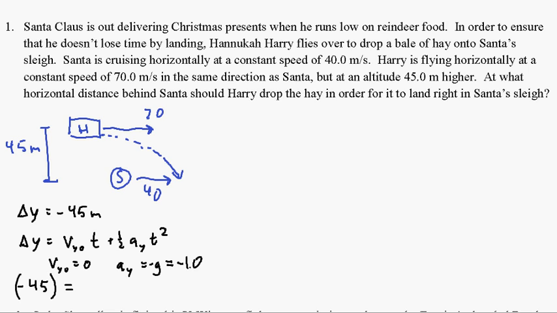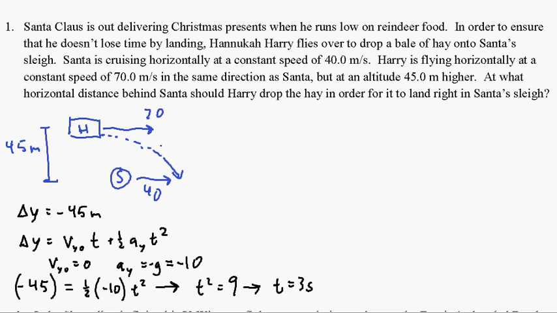I just wrote these problems using 10 for g, and it's a little easier. You can do more problems in your head. So negative 45 equals 1/2 times negative 10 times t squared. Divide the 10 through, multiply the 2, and you get t squared equals 9. So the time it takes the package to fall is 3 seconds.